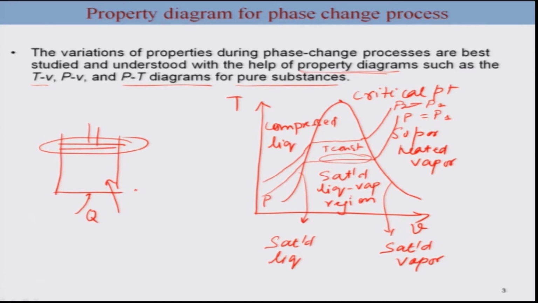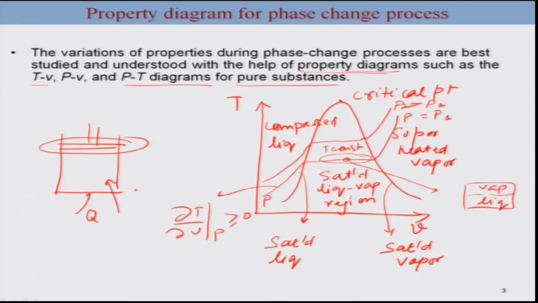Now you notice that the slope of this line is positive. So essentially del T by del v at constant P is greater than or equal to 0, right, because the intermediate range is 0. So here at any intermediate point, you have a system which consists of some vapor and some liquid.